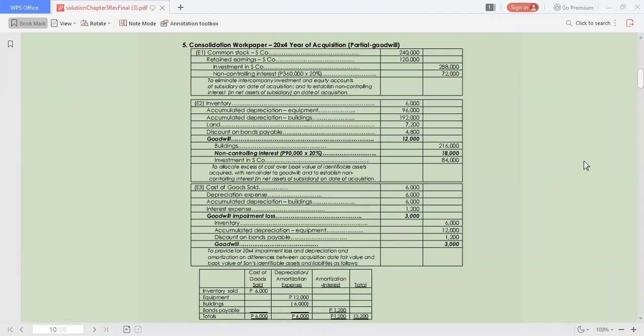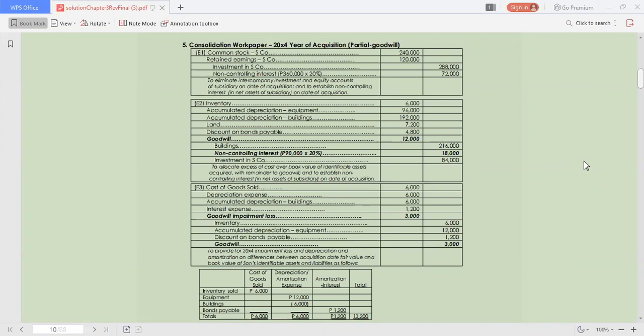Debit goodwill impairment loss, that's equal to 3,000. If the impairment loss is 3,750, 80% of that is equal to 3,000. That goes to the parent.